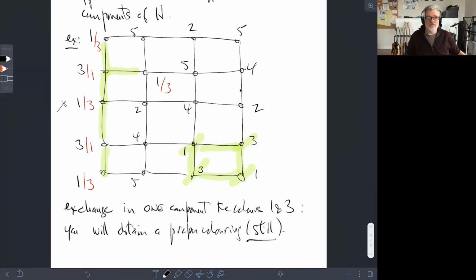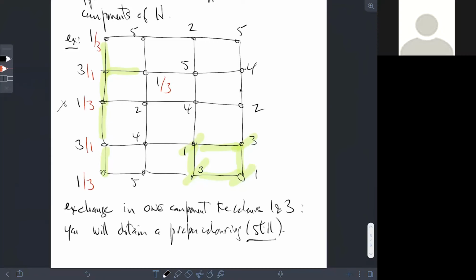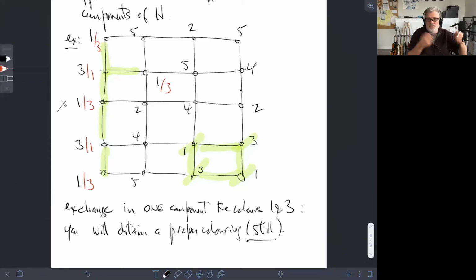Does everybody agree with this? Nothing can go wrong, right? Because between 1 and 3, I'm good because I just flipped them, and connected to everything else, I'm good too because the other colors are 2, 4, and 5, so I'm not going to create anything bad.